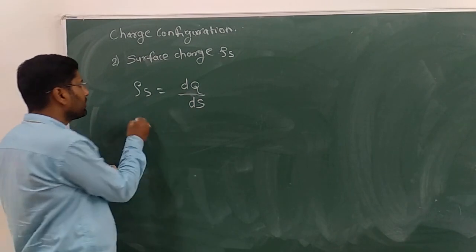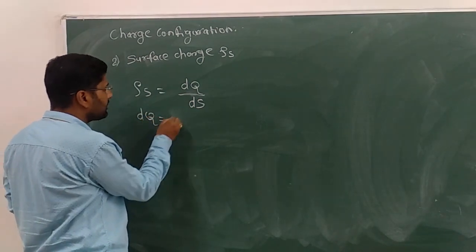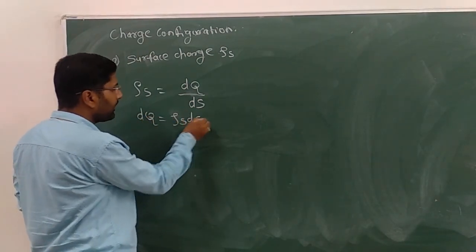So dq for the surface is given by rho S ds.